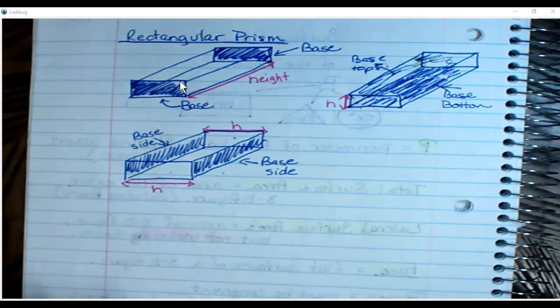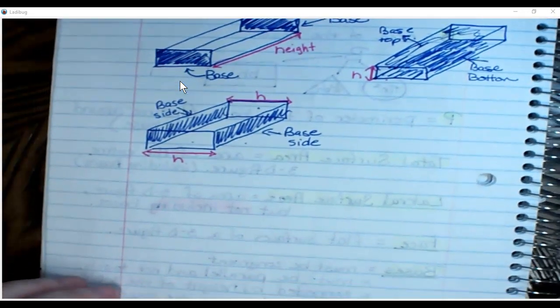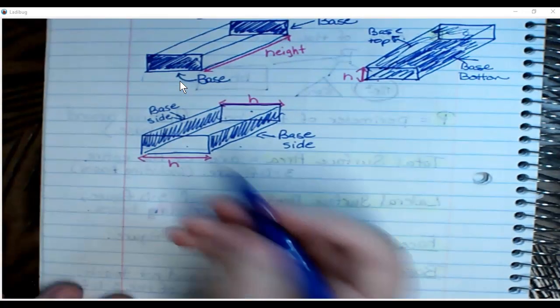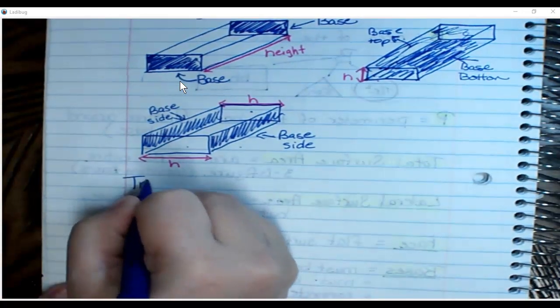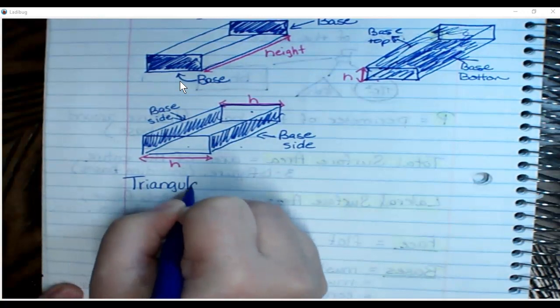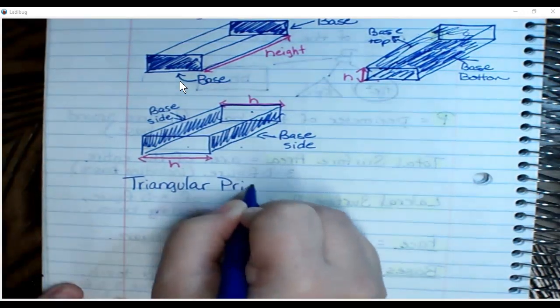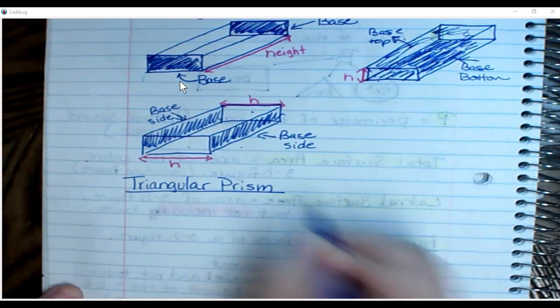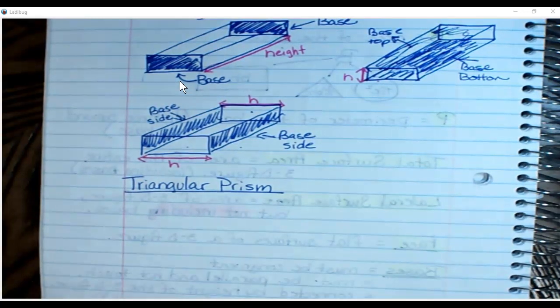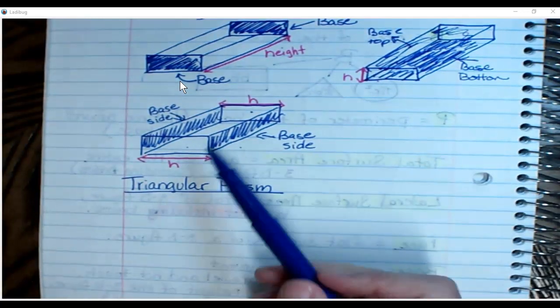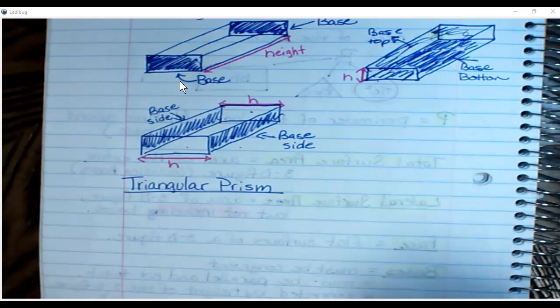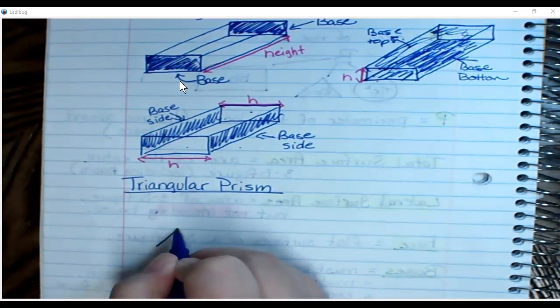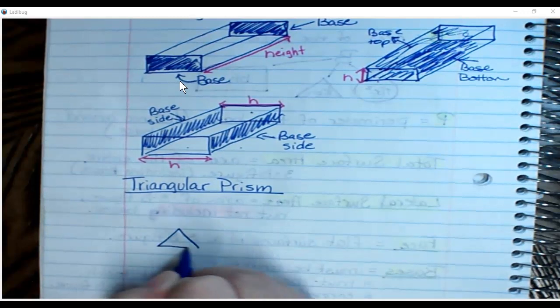The next shape we will have in this unit is a triangular prism. And a triangular prism is a prism similar to the rectangular, except our bases are no longer rectangles, they are, you guessed it, triangles.